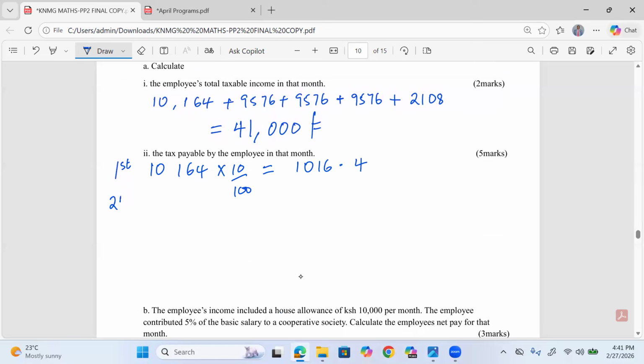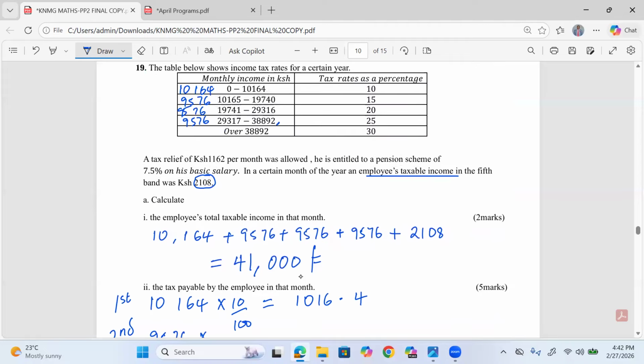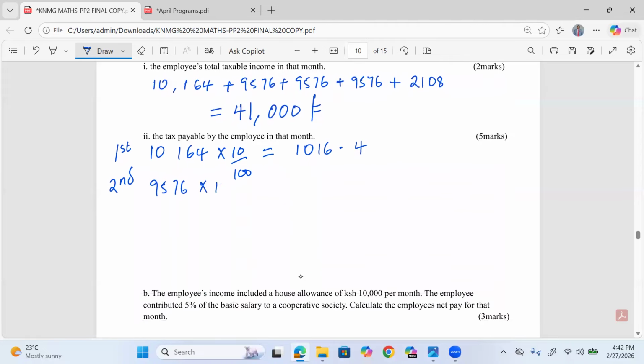Then in the second, we will talk about 9576 by, what is the rate in the second bracket? 15%. So 9576 by 15 over 100. I'm getting 1436.4.